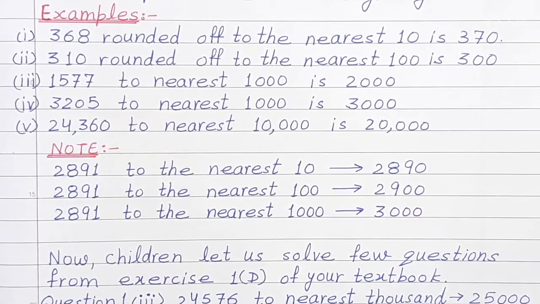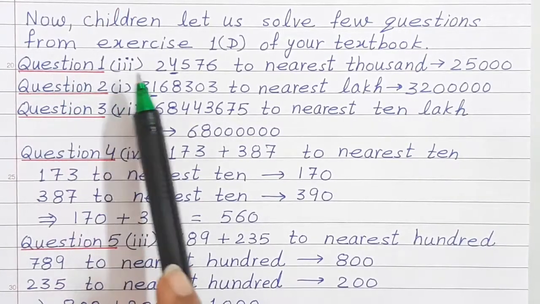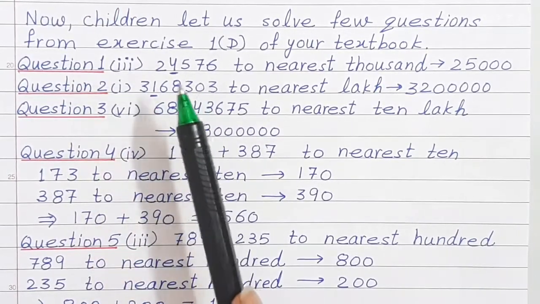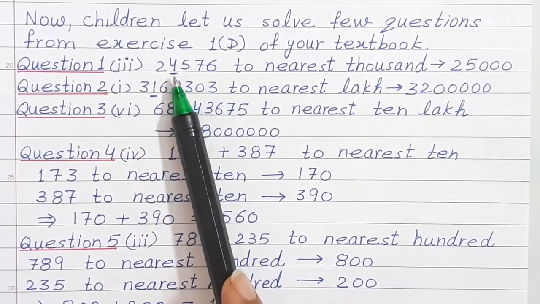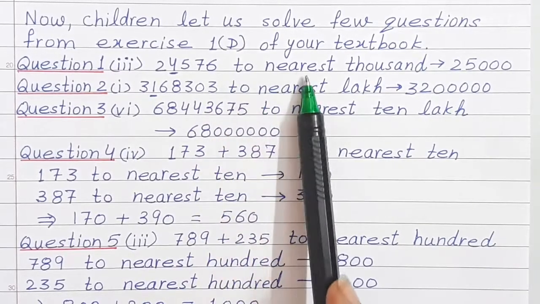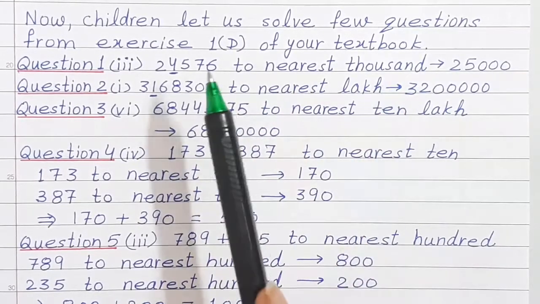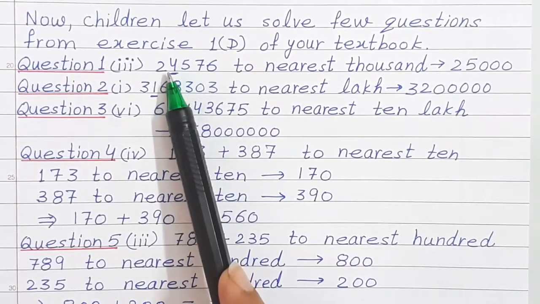Now, children, let us solve a few questions from exercise 1D of your textbook. See, question number 1, third part: 24,576 to the nearest 1000. Here, students, 4 is at the 1000 place.